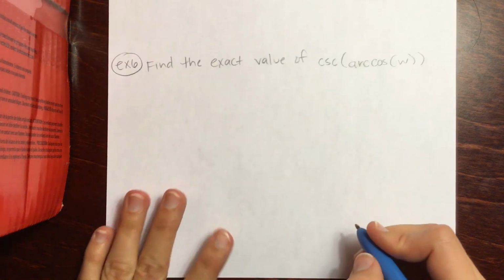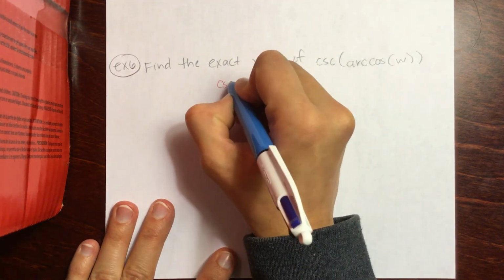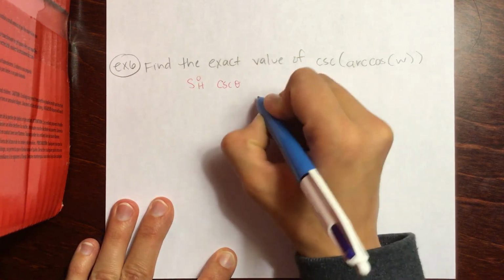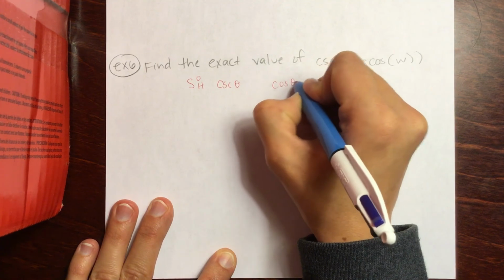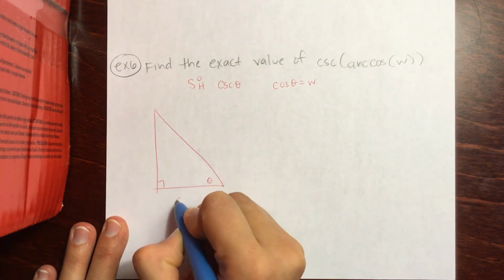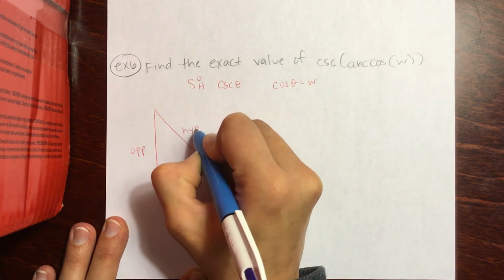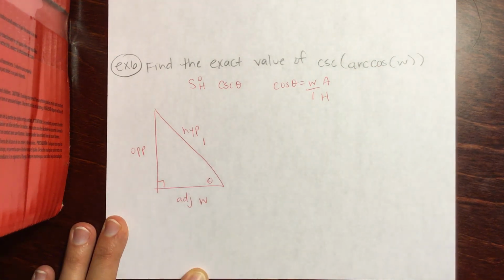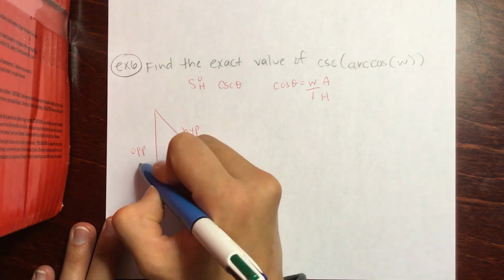And final example, look for the cosecant fraction, which is the reciprocal, remember, of sine. If I give you that the cosine fraction is just a w. Find the third side using Pythagorean theorem.